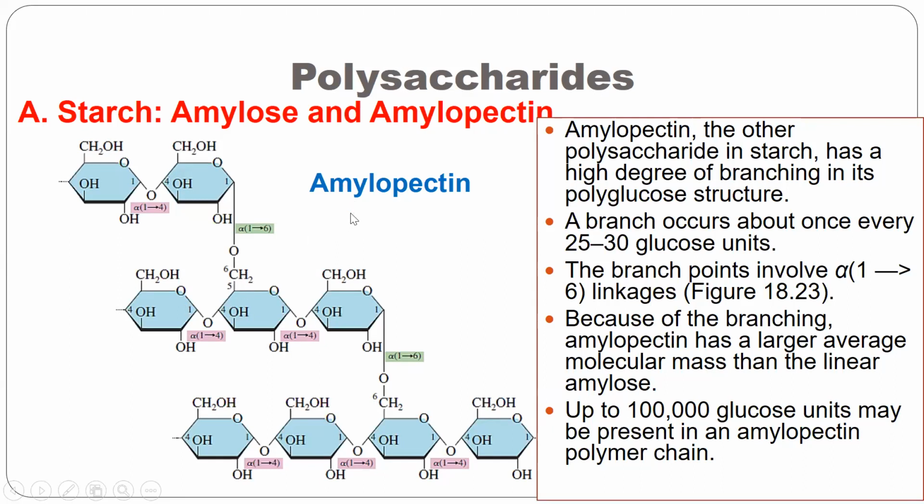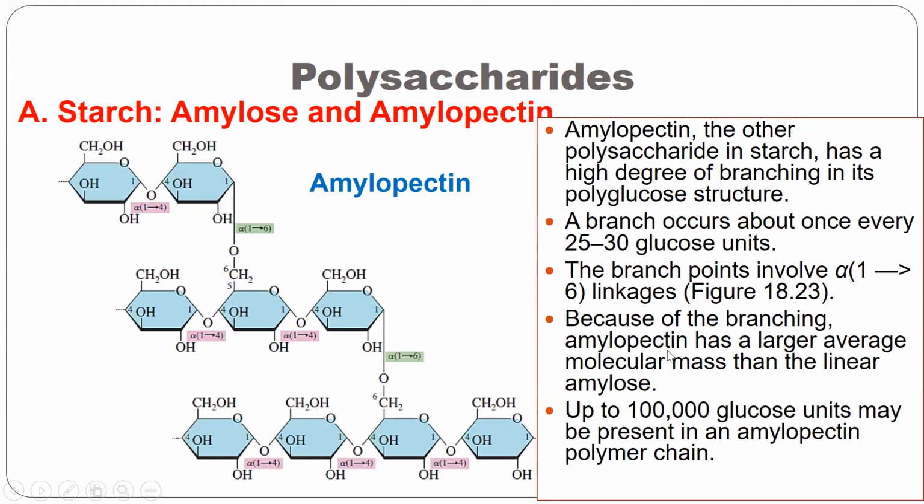Okay, the difference between amylopectin and amylose is that amylopectin is still a homopolysaccharide, but the branching occurs every 25 to 30 glucose units in an alpha-1,6 glycosidic bond. Still, the main glycosidic bond being used is the alpha-1,4 glycosidic bond between glucose and glucose.